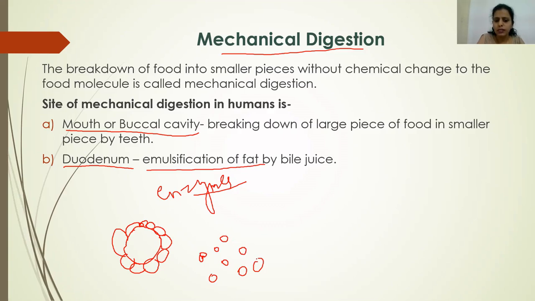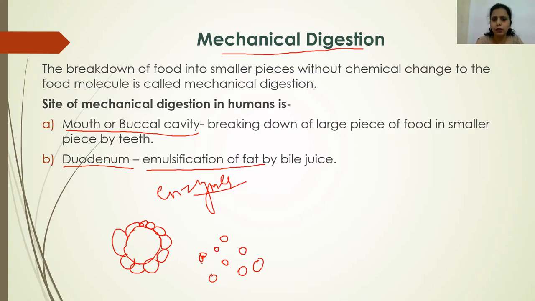So because of mechanical digestion, the surface area of the food molecule increases, and the digestion of the food can be done in a lesser amount of time, isn't it? So mechanical digestion is important because it increases the surface area of the food molecule.